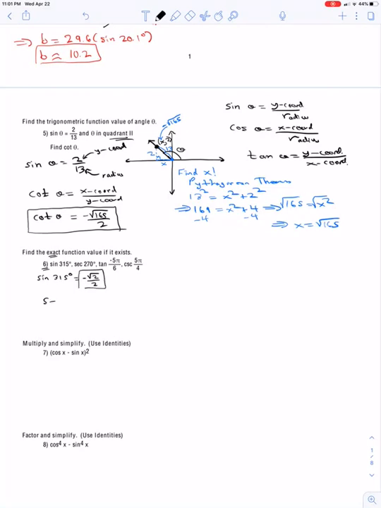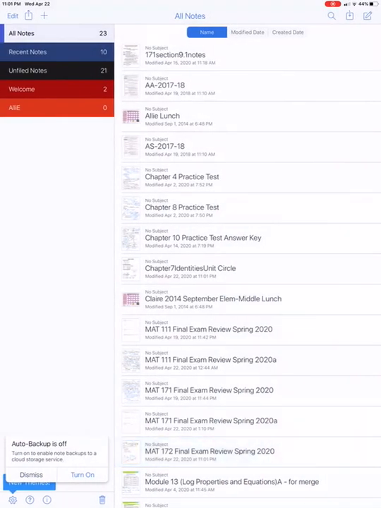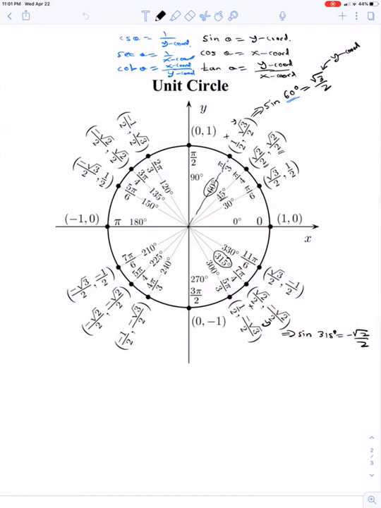How about the secant of 270? Well, the secant of 270 degrees, we can go to the unit circle again. Let's look at our unit circle again real quick. Where's 270 degrees? 270 is at our y-intercept point, here on the negative side of the y-axis on our unit circle. So we're looking at our x and y coordinates.